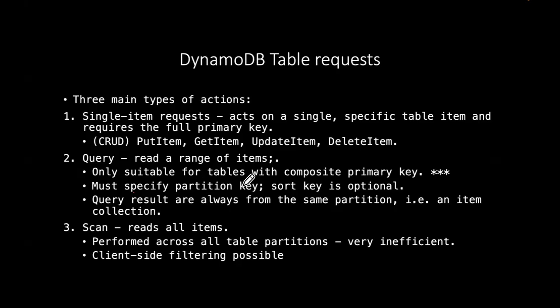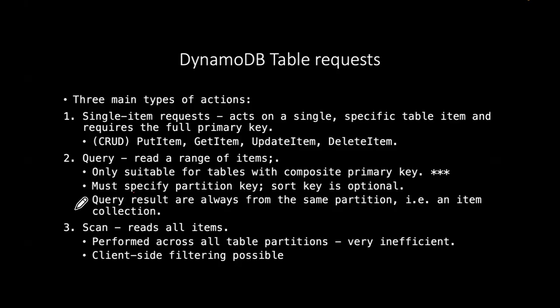Now, that partition key value is going to map to one physical partition. And we know that all of the items that have that partition key, because there are going to be more than one item since our primary key is a composite primary key, all of the items within that item collection have the same partition key. Therefore, they're going to be physically on the same partition node, which is what I'm saying here. They always come from the same physical partition.